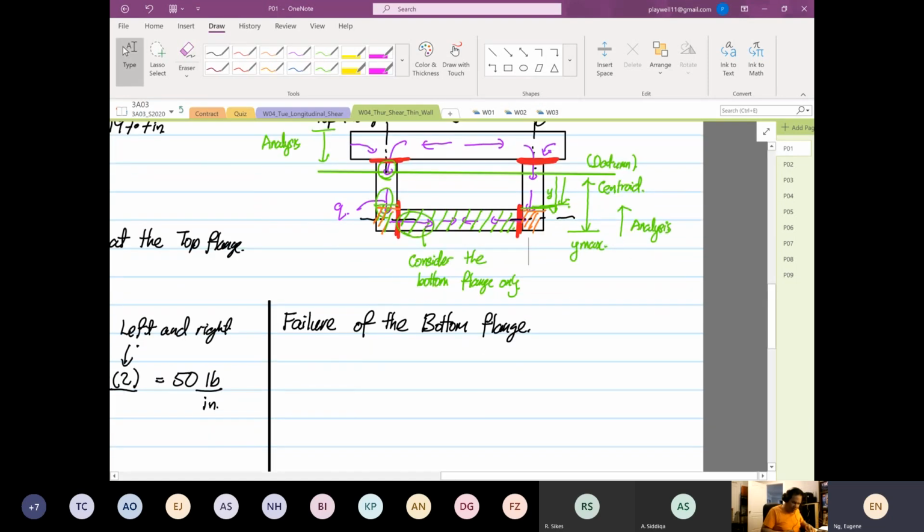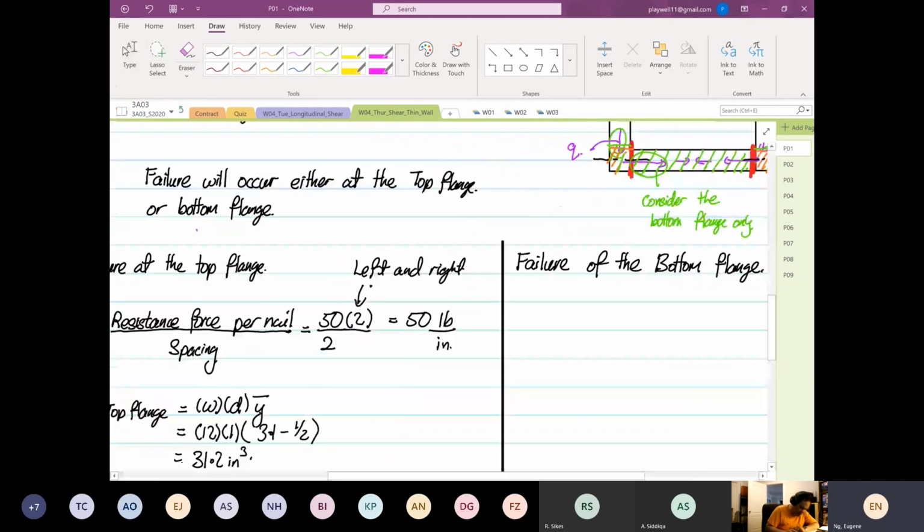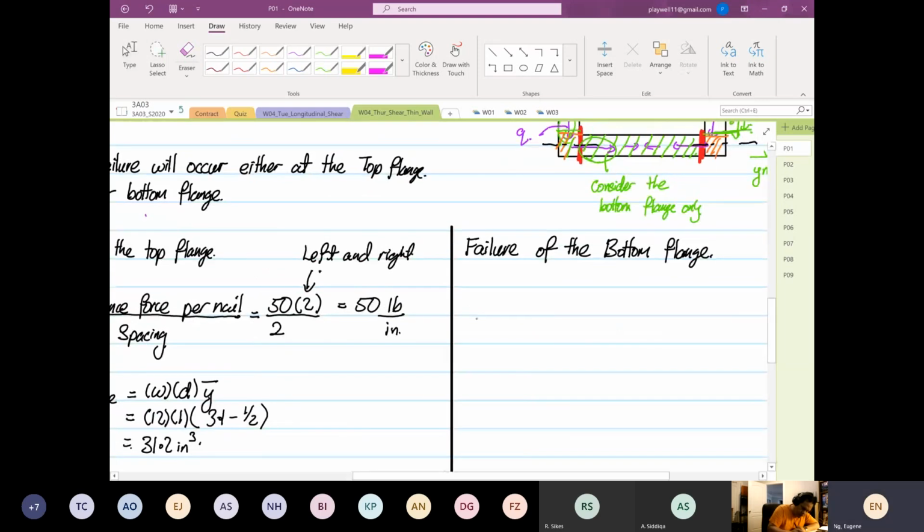Okay, so failure at the bottom flange. The Q due to the fastener is still 50 pound-inch. Now you want to find the Qz of the bottom flange.